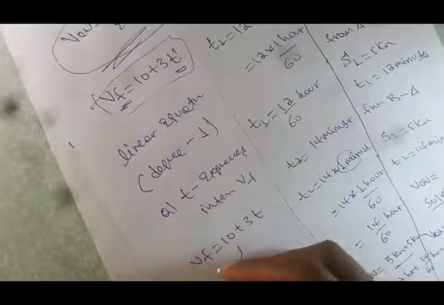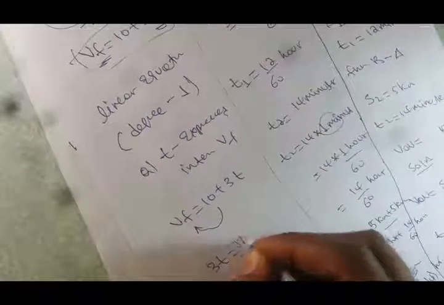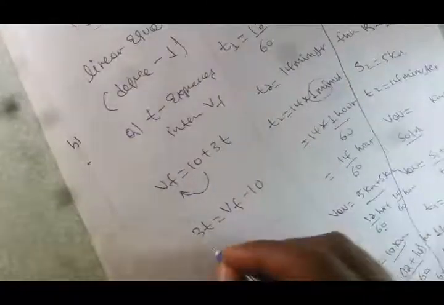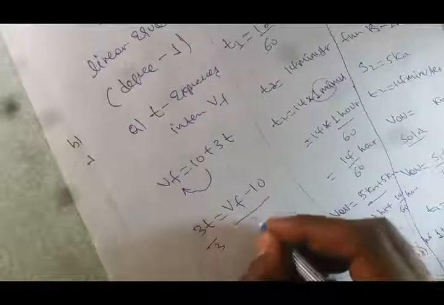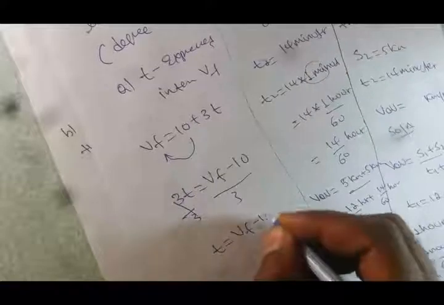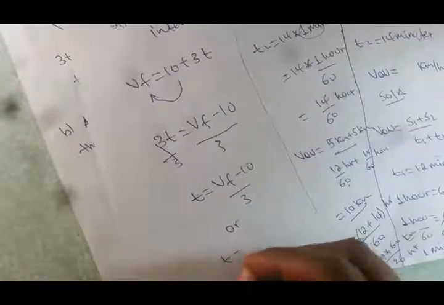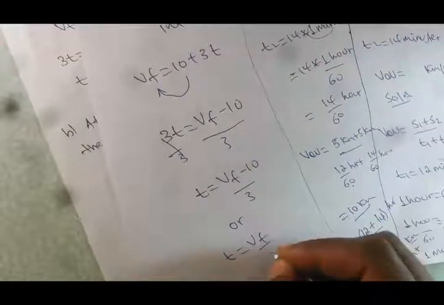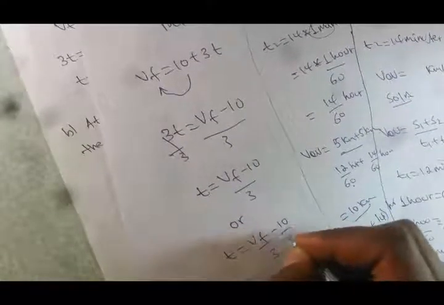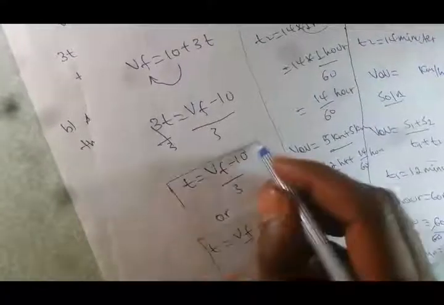When we bring negative 10 to the left, 3t is equal to V final minus 10. Dividing both sides by 3, t is equal to V final minus 10 over 3, or t is equal to V final over 3 minus 10 over 3. So we have two expressions, either this or this.